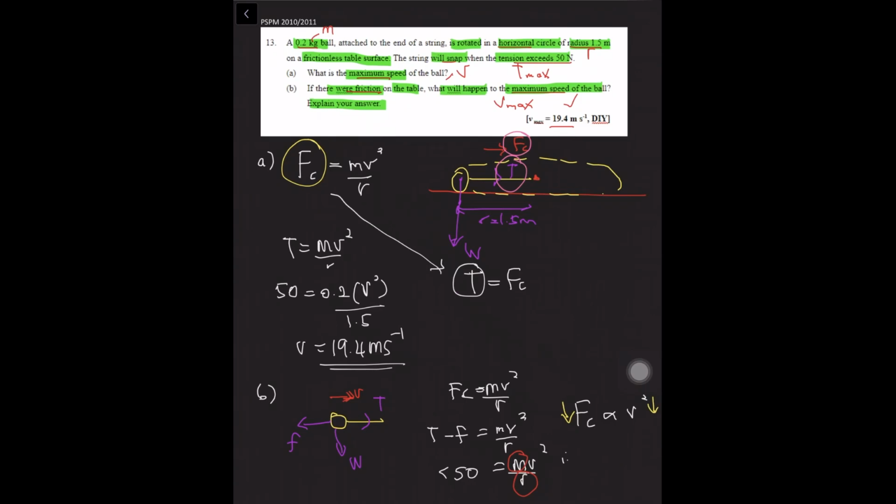So the maximum speed will decrease, because speed and Fc are directly proportional.